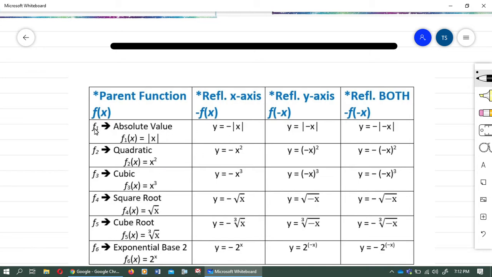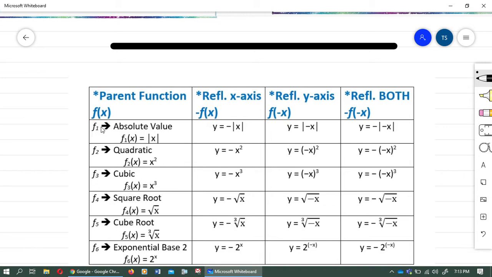But again, we're showing you with the absolute value parent function, and guys, if you're seeing this little f with the little subscript of 1, that little subscript is there just to distinguish that it's different from these other ones. So f sub 1, f sub 2.